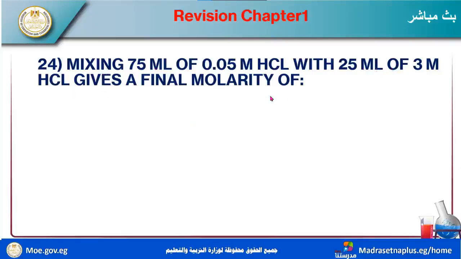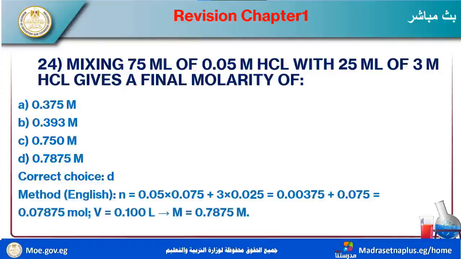Now we have the number of moles here plus the number of moles here, and you must divide it by 100 mL. Why? Because you have a mixture formed from 25 mL and 75 mL, so we have 100 mL. So the final molarity is what?